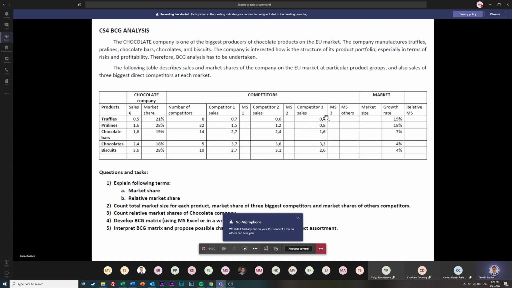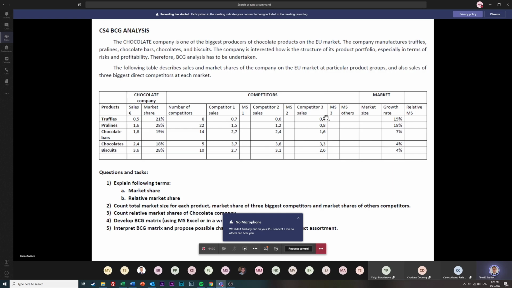We also know the sales of the second biggest competitor and the third biggest competitor. And finally, we also know the relative market growth rate for each of these 5 products. Yeah, a relative growth rate for truffles, pralines, chocolate bars, biscuits, and so on.